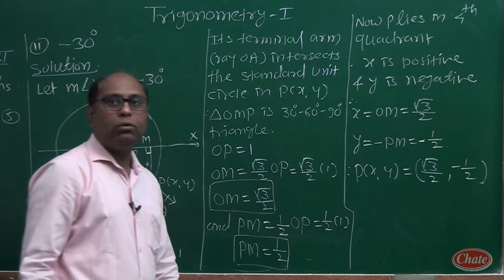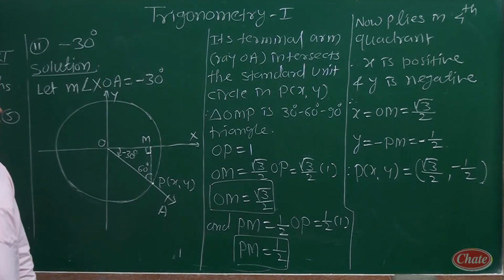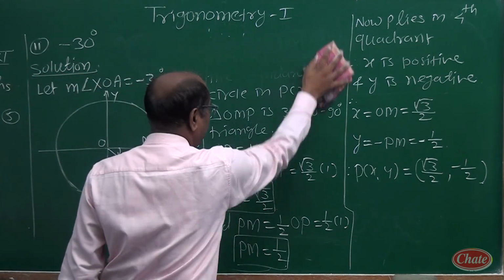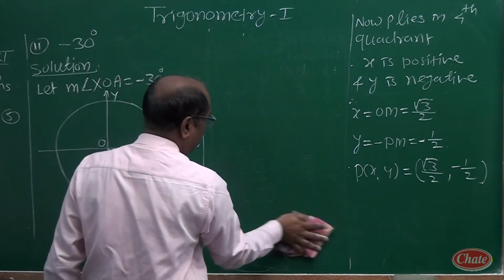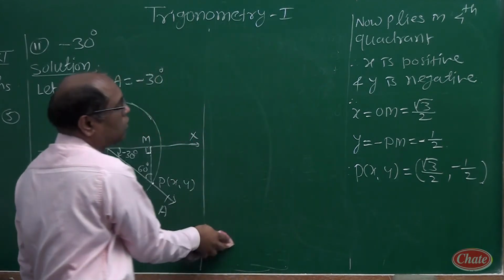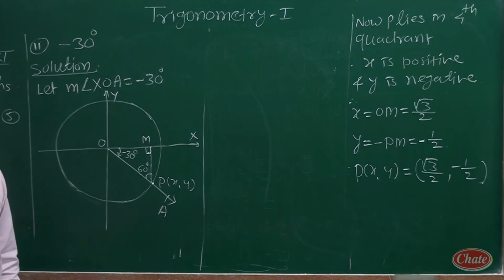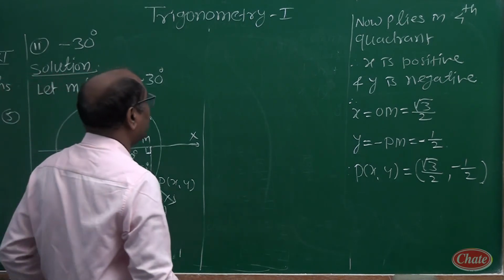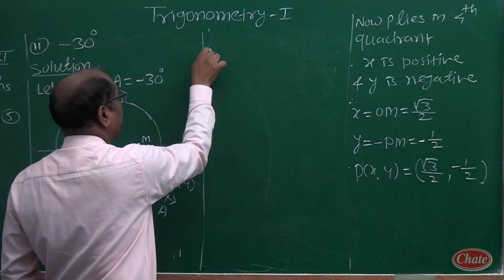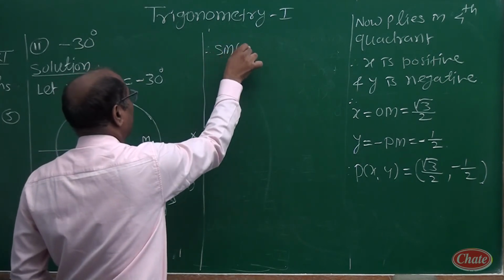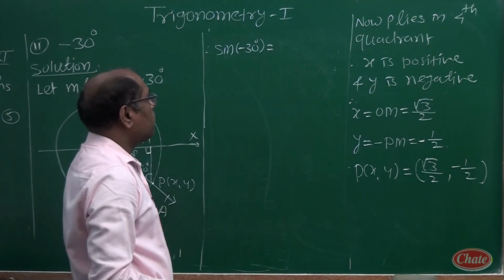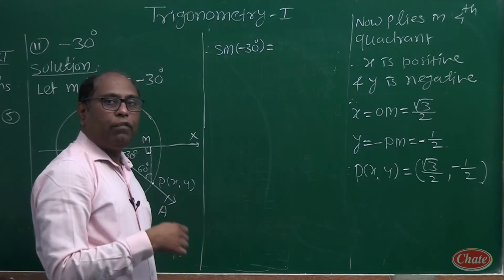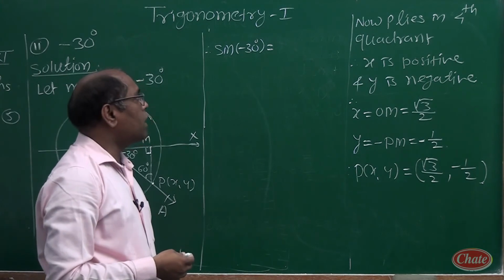Okay, and now we have to write down the trigonometric functions of angle minus 30 degree. By definition of trigonometric functions, we have to write down the trigonometric ratios of angle minus 30 degree. So sine of minus 30 degree: by definition, what is sine theta?